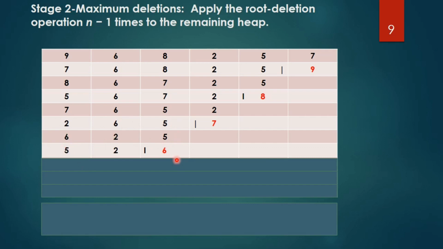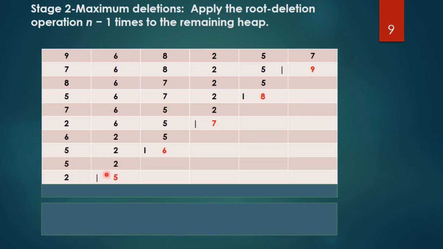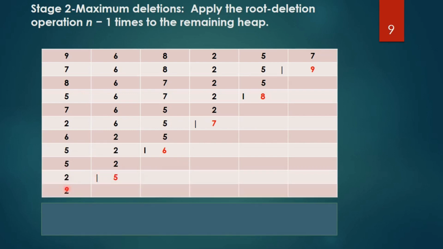So 6 will be deleted from the set, and after that check for the parental dominance with the 5. 5 is in the right place, so only 5 and 2 will be in the heap. Now again 2 and 5 will be swapped, so 5 will be removed from the set, then only 2 will remain, and finally even 2 will be removed from the set.